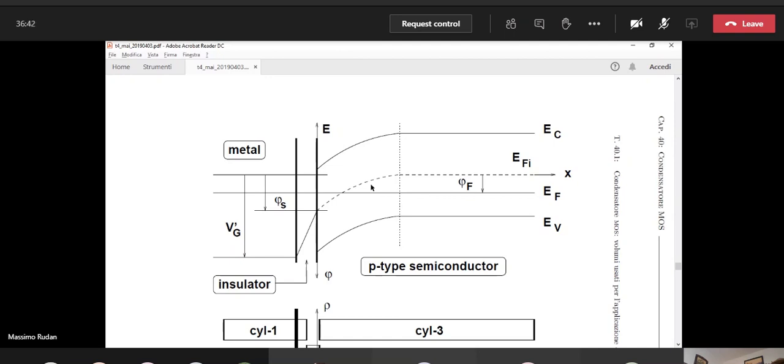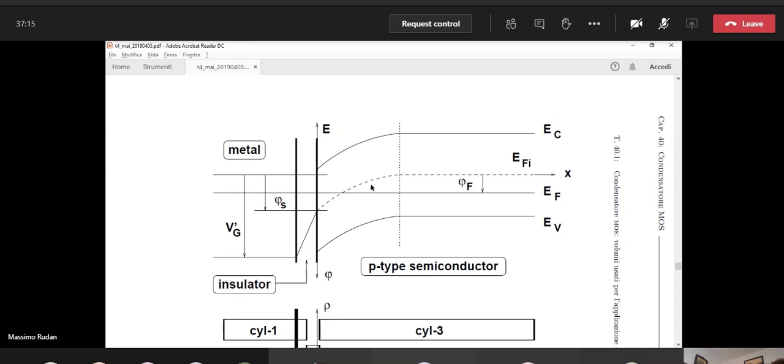Vg prime is positive because you remember we anticipated that the positive direction of the axis for the electric potential points downwards. So we have a positive voltage applied on a structure in which the semiconductor is of the p-type. So the p-type means that the semiconductor is very rich of holes and poor of electrons.